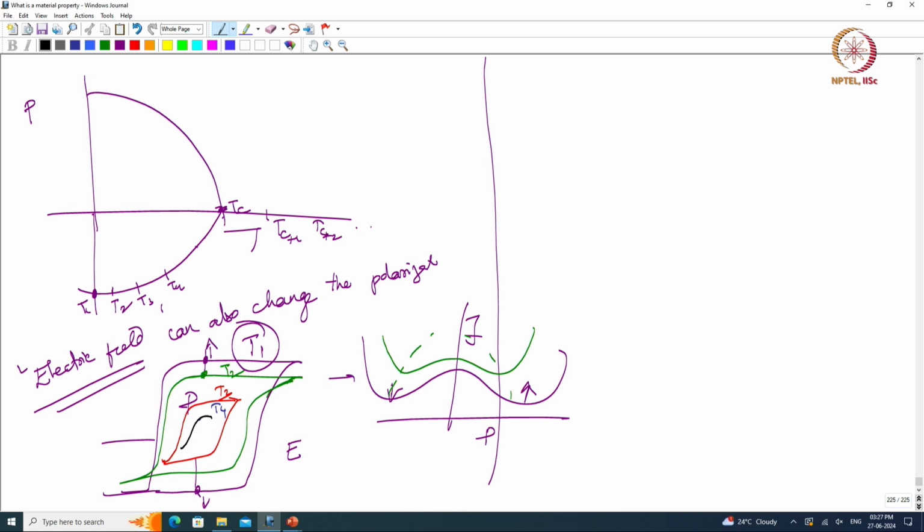This is T4, and then it just becomes a paraelectric material beyond Tc, which I am going to draw with the blue color. So this is greater than Tc. T4 is in black.